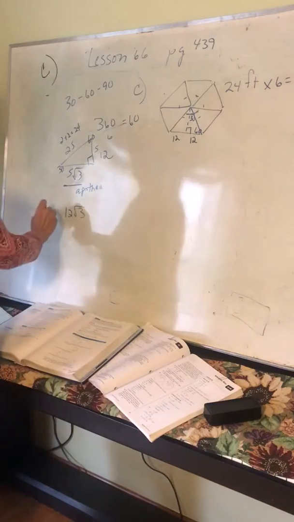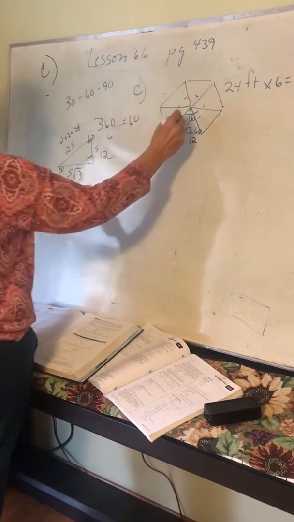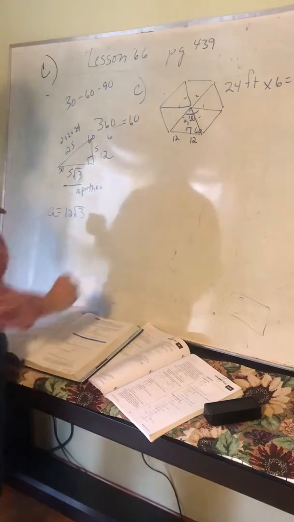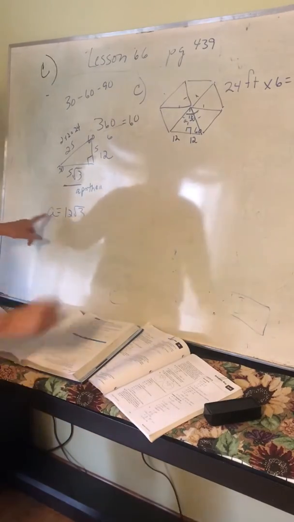So that's the A right here. This is the altitude. That's what we need to figure the area.